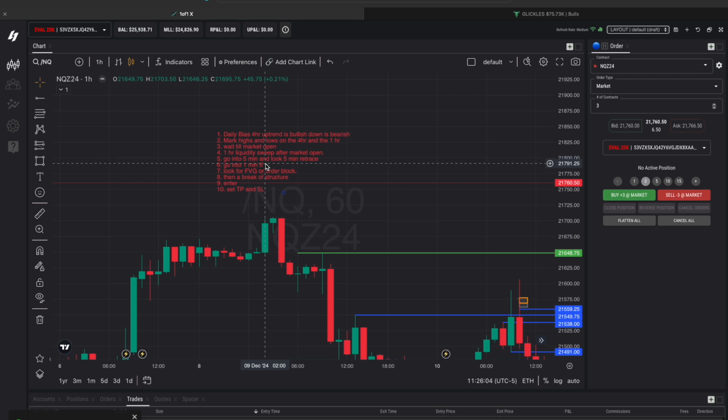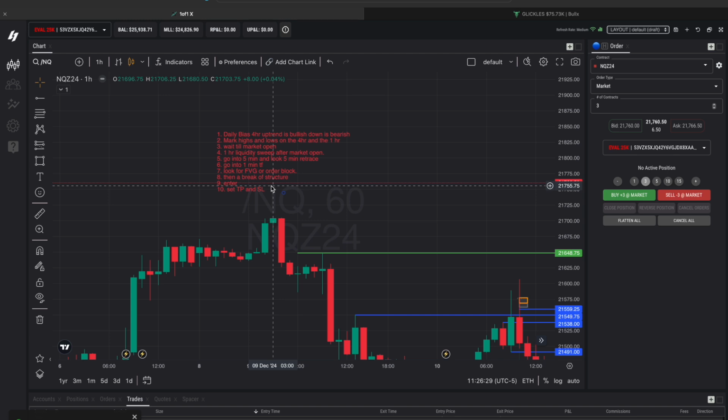And then we're going into the 5 minute and looking for a 5 minute retrace. So we're looking for the sweep of liquidity, and then a reversal, and then it reverses again. And then after that, we're going to the 1 minute time frame. There are more confluences you could use, but I'm looking for a fair value gap or an order block in order to enter.